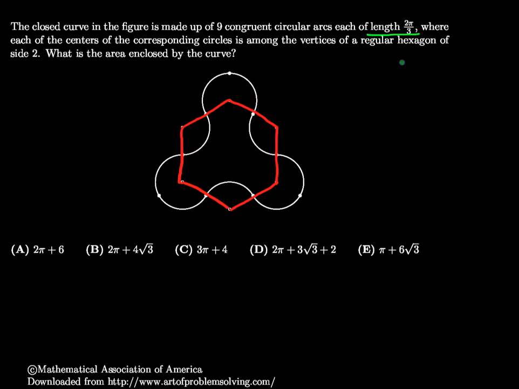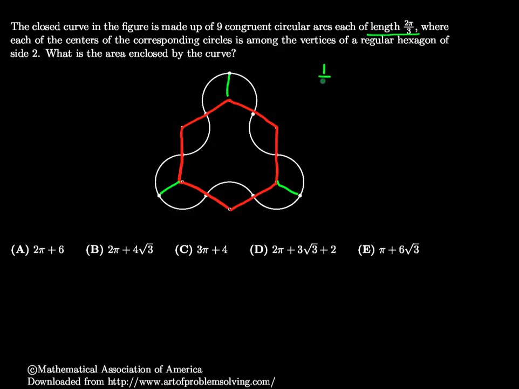Okay? So we can figure out the radius of a circle, so we're going to use these to find the radii, and then we can use that to find the area. So we know that the arc length, so we have 120 degrees, 120 degrees, 120 degrees.